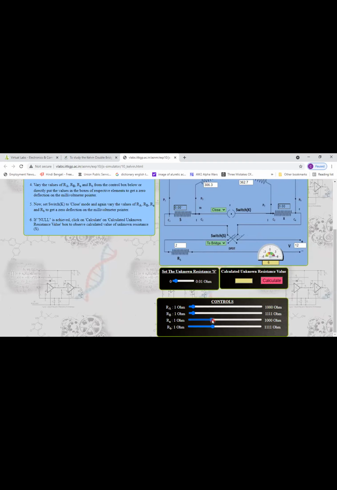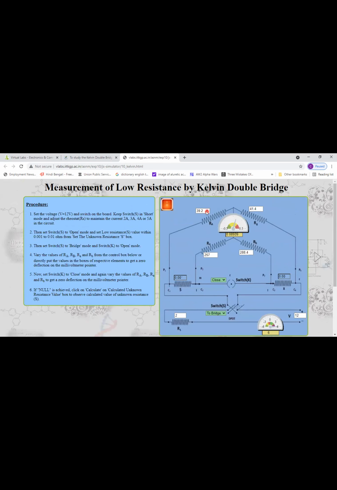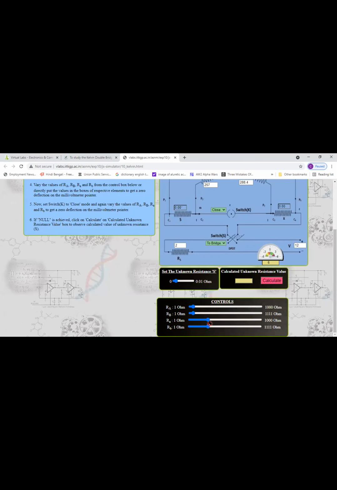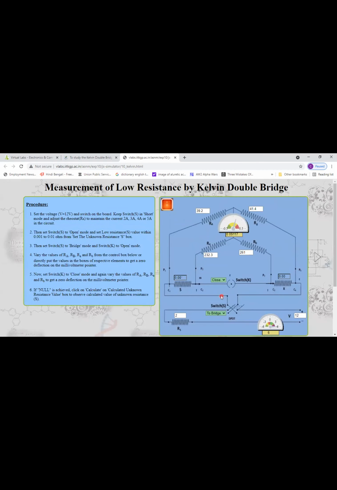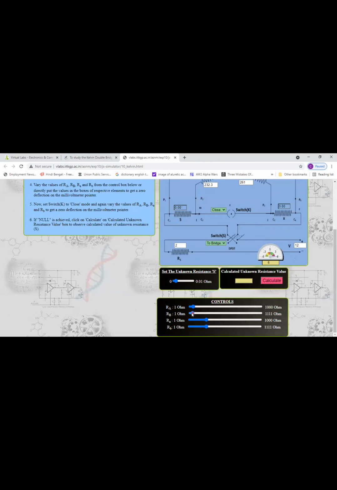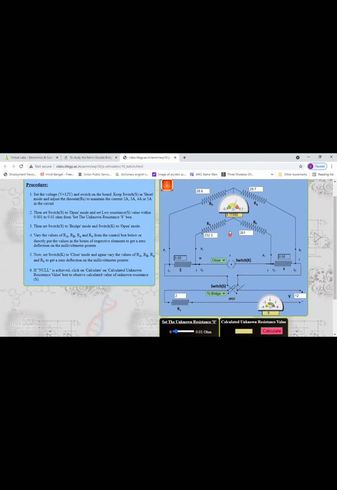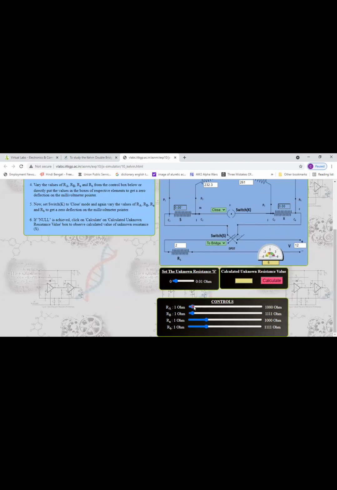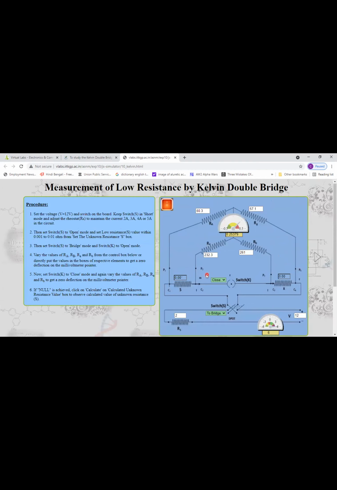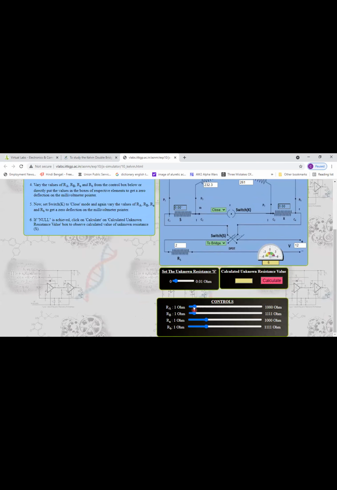This is again 1. This is 1.1. We have to increase it, a small increment. This is 2. This is again 2.